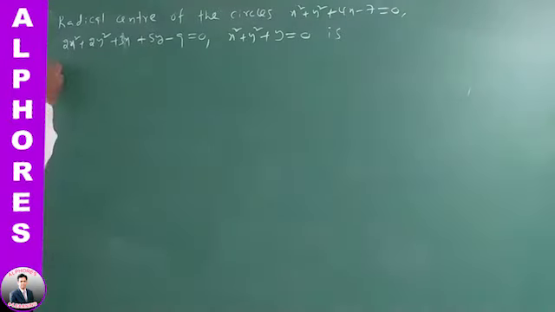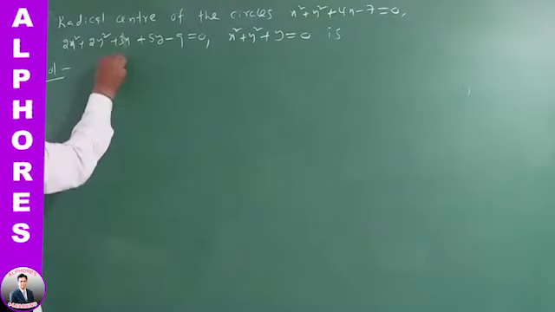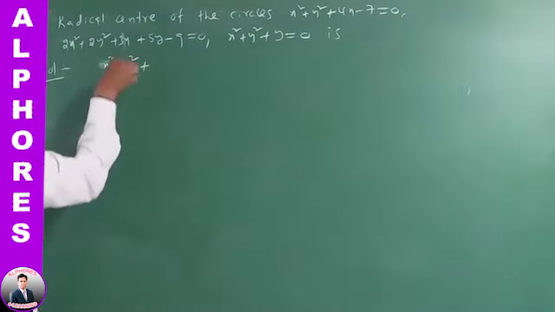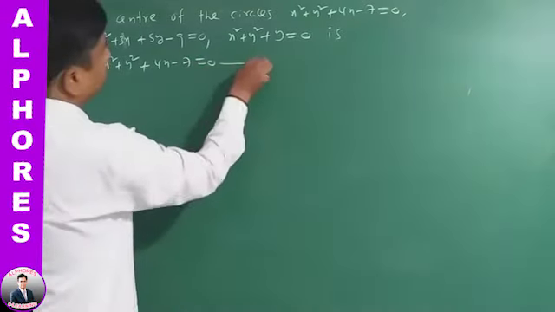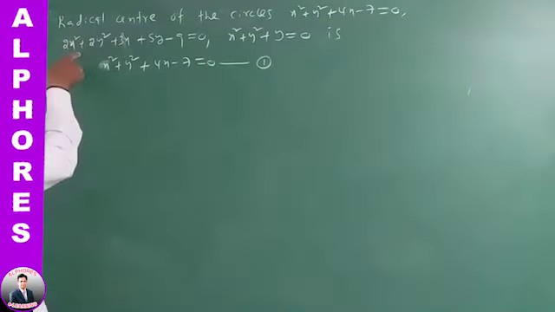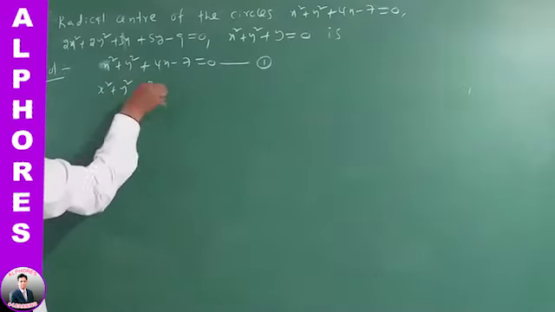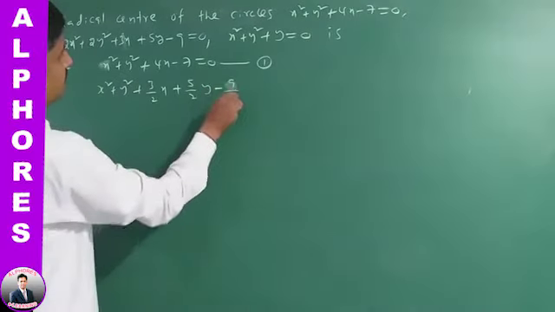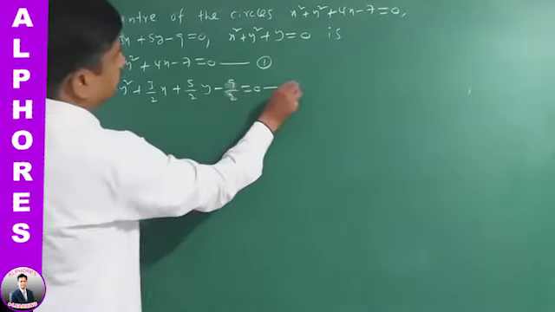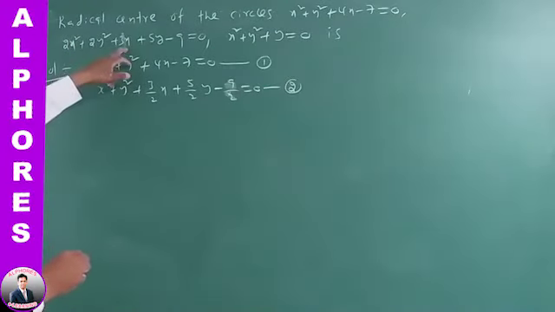First circle: x square plus y square plus 4x minus 7 equal to 0, equation number 1. Now, the second circle, dividing by 2, convert this equation to the general form of a circle.